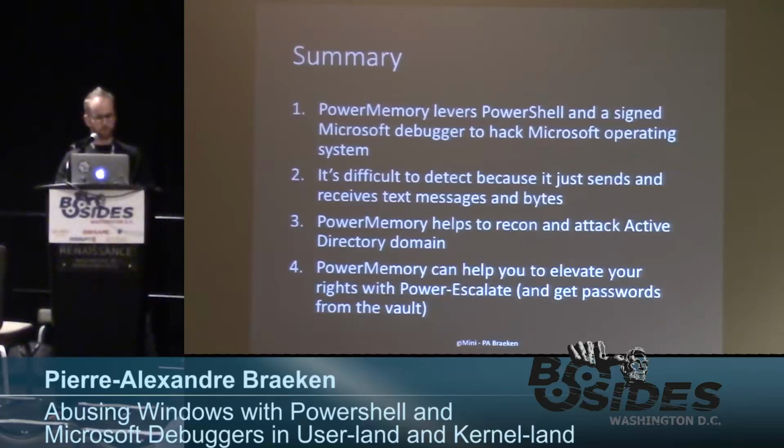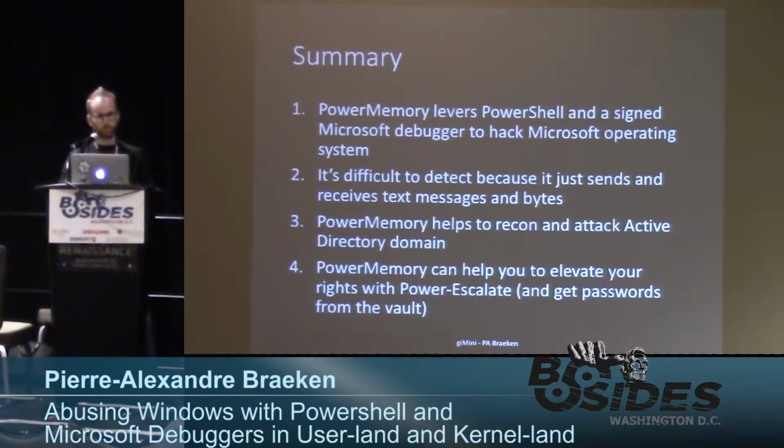Other thing, the summary. So in-memory-level PowerShell and a signed Microsoft debugger to hack a Microsoft operating system. It's difficult to detect because it just sends text and bytes to the debugger. So if you look at the activity, it's not very obvious to detect, oh, it just sent 0, 1, and then it just sent AF, I don't know.